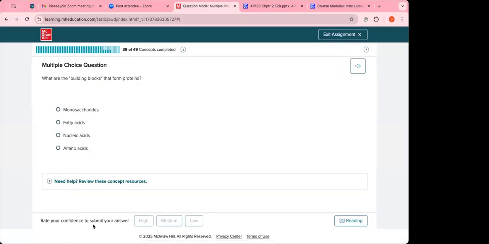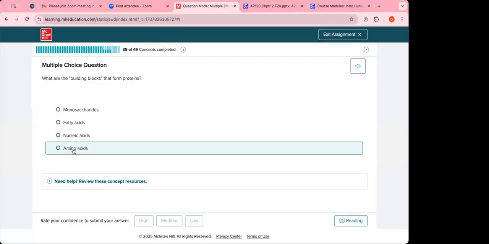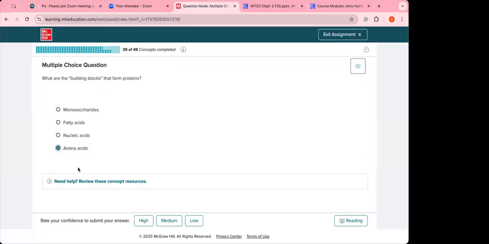What are the building blocks that form proteins? Okay, we had this question. What are proteins made from? Would it be fatty acids? Not fatty acids, amino acids. Amino acids make proteins.